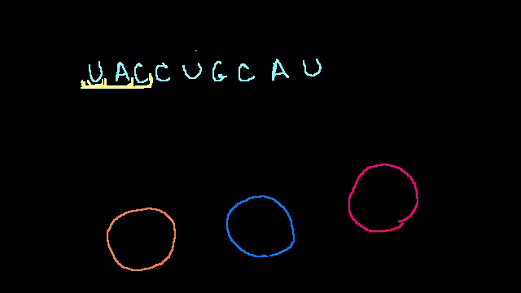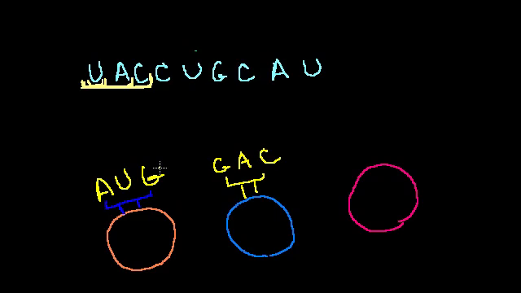So let's say this amino acid is attached to a tRNA molecule that has the code, let me do it in a darker color, A U G. And this one right here has another code, let me pick another one. Let's say it has G A C.